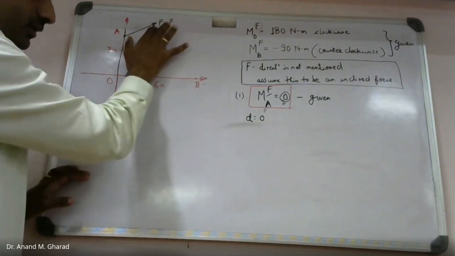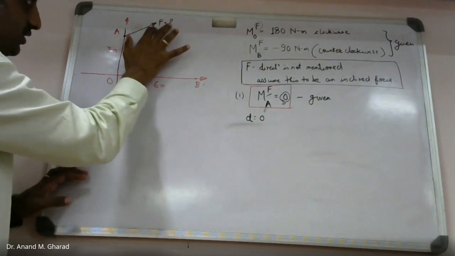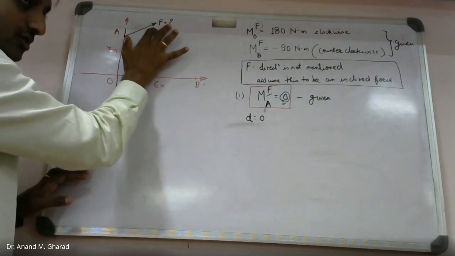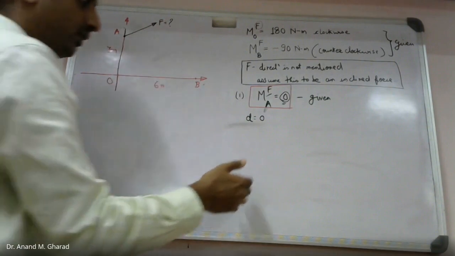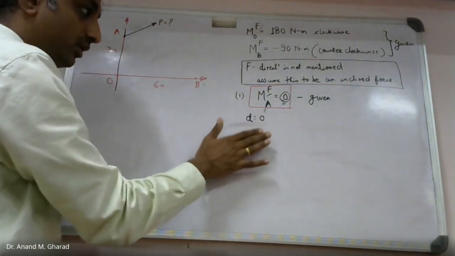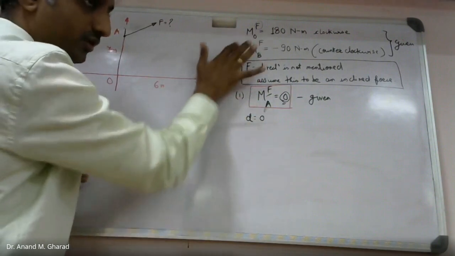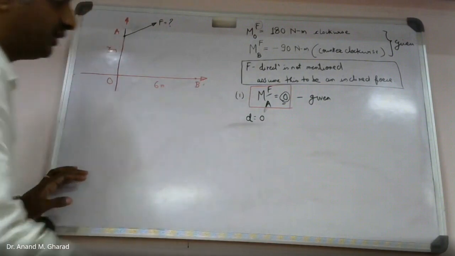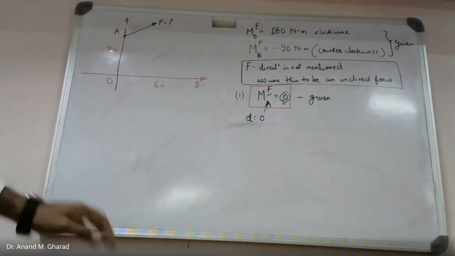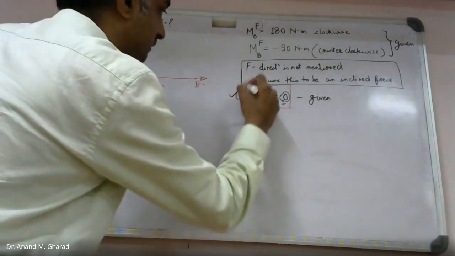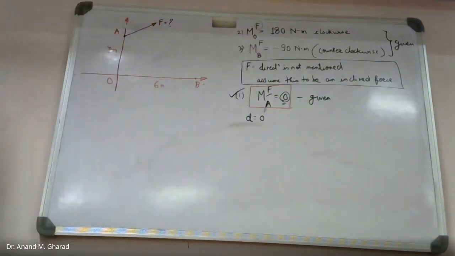But I am assuming that it is inclined in this way. Whether this inclination is true or false is not known yet. We will get that output when we make use of all the three equations given. We have already considered this one. Now let us make use of this and this.